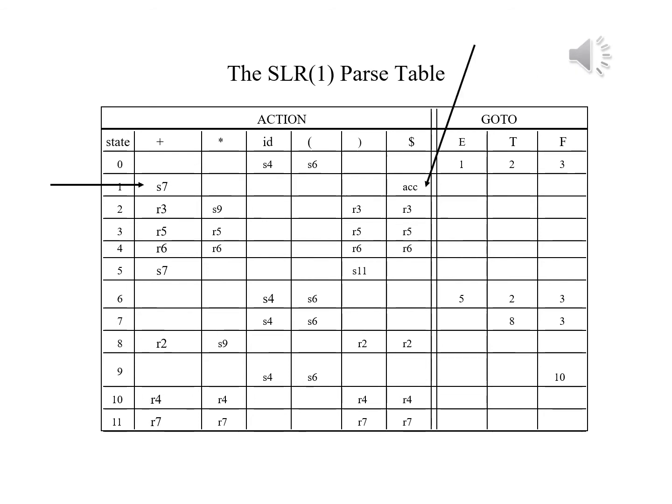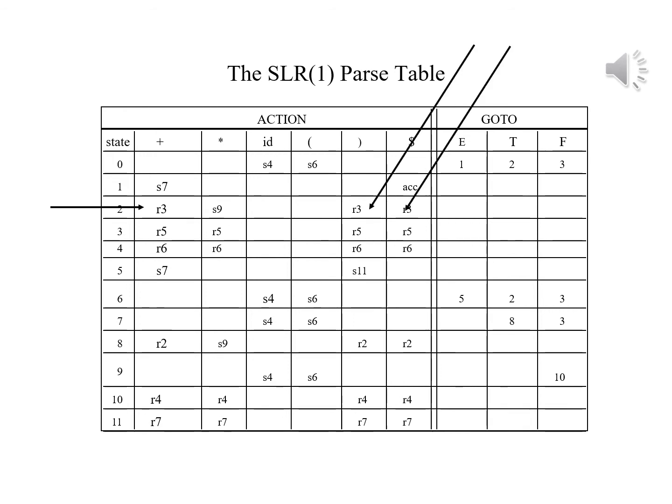Like state 0, state 1 has only non-final items. On plus, we shift and go to state 7. But rather than simply shifting and going to state 12, the acceptance state, we will accept on the end of file marker. This saves us from the seemingly unnecessary trip to state 12 simply to accept there.